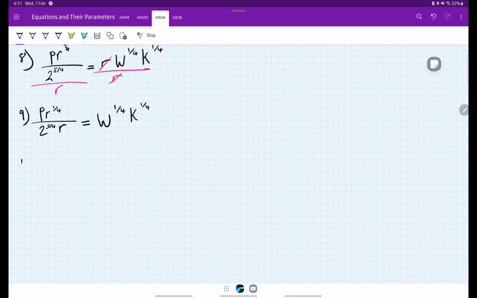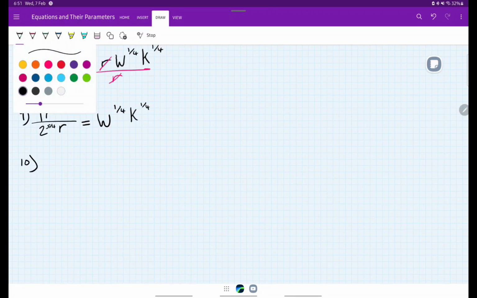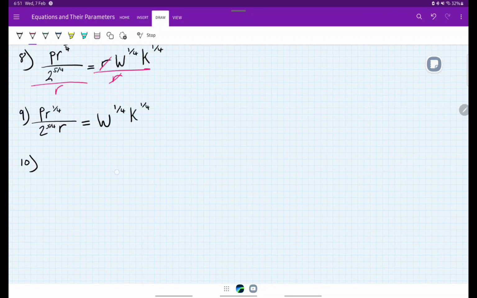Step 10, we have common terms or like bases of the r and the r. That's a quotient rule where x to the a over x to the b is a minus b. And I will do it over here.